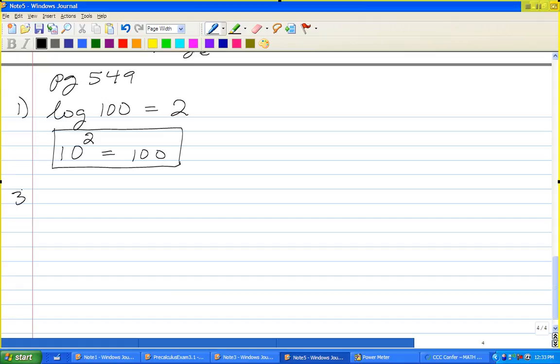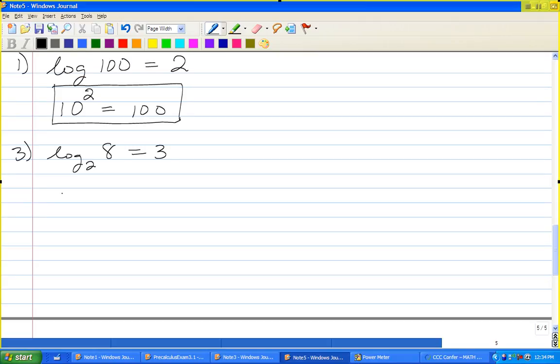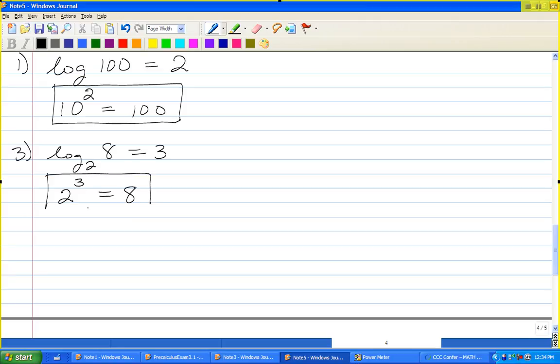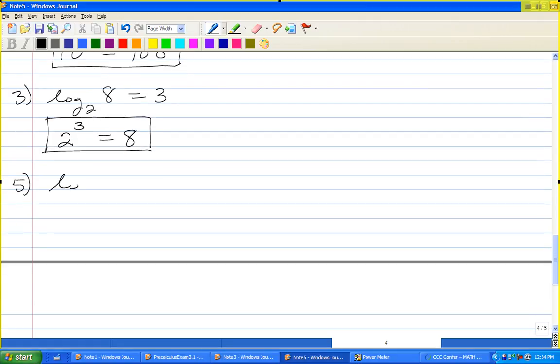Let me do problem number 3. Log base 2 of 8 is 3. So the base is 2, exponent is 3, result is 8. Let me do problem number 5. Log base 5, 25 equals 2.